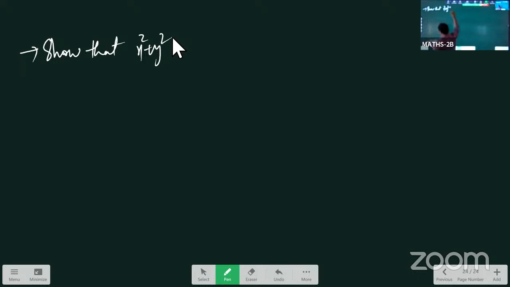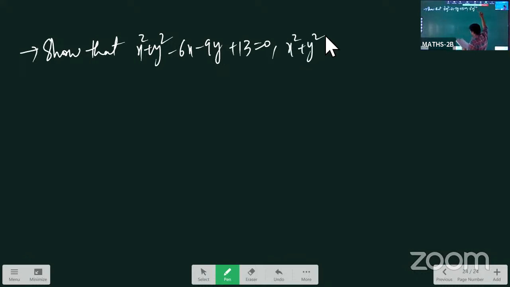Again, next. Show that the circles x square plus y square minus 6x minus 9y, comma, x square plus y square minus 2x equal to 0, touch each other.